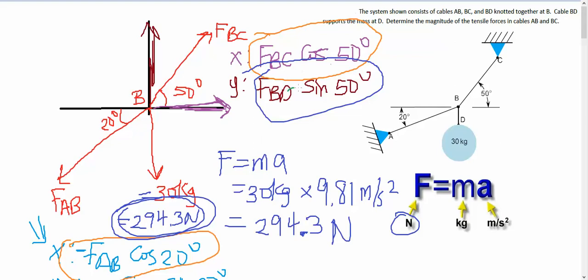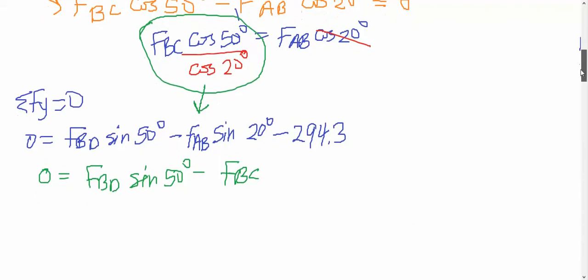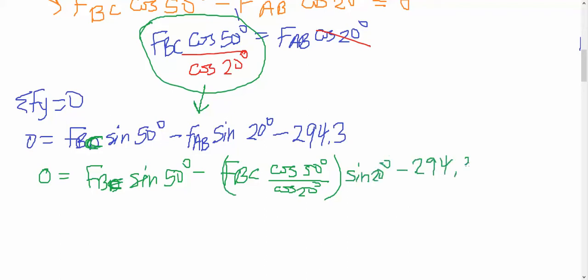FBC, and there should be a C here, and this is also a C right here. So going on, we have cosine 50 over cosine 20 times sine of 20 degrees minus 294.3. Okay, now we need to solve for FBC since that is the only variable in the equation.